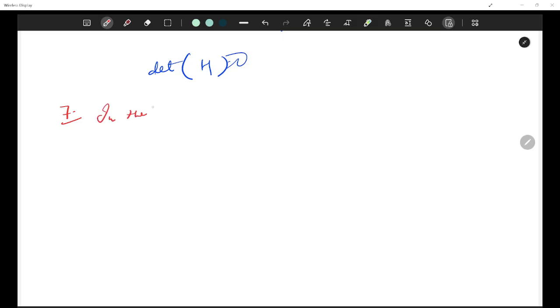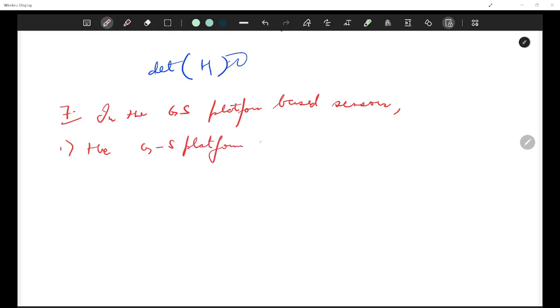In the Gauss-Stewart platform, based sensors presented in the lecture, what is true? The Gauss-Stewart platform is an isotropic configuration. It is a singular configuration. These things remain the same.